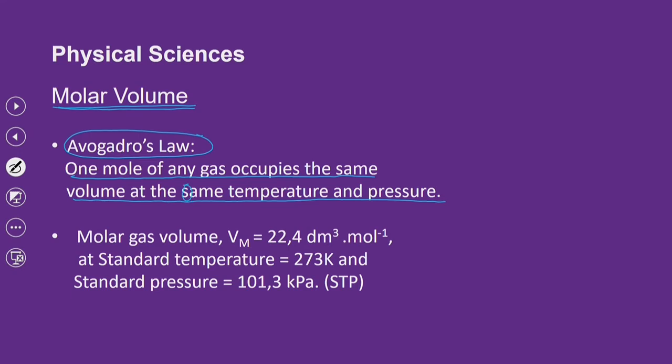Can you see? STP. Well, the S is actually for standard temperature and pressure, STP. And what is this molar volume? So the molar volume of any gas at STP is 22,4 cubic decimeters per mole.